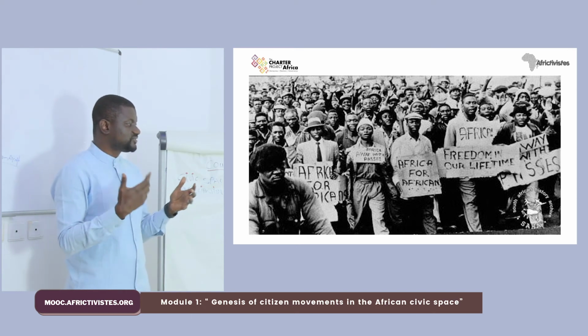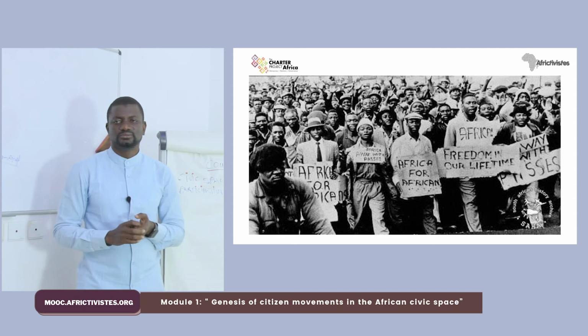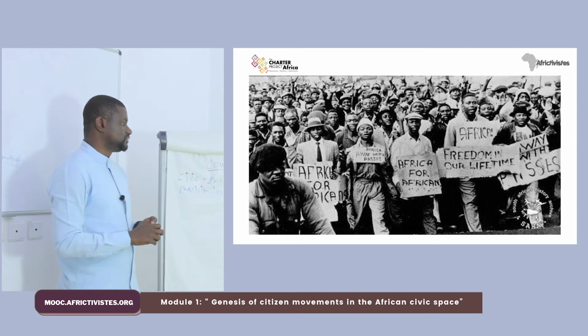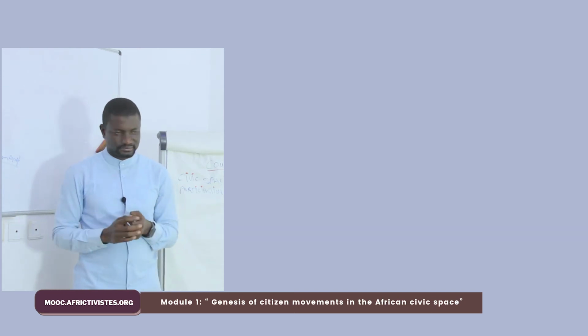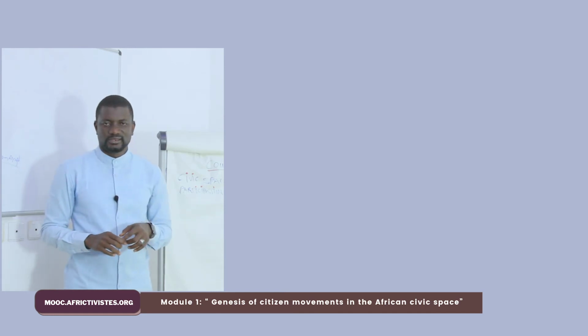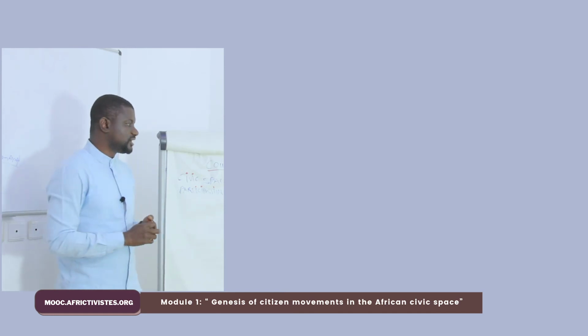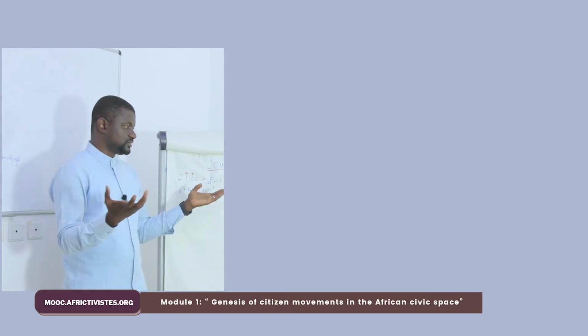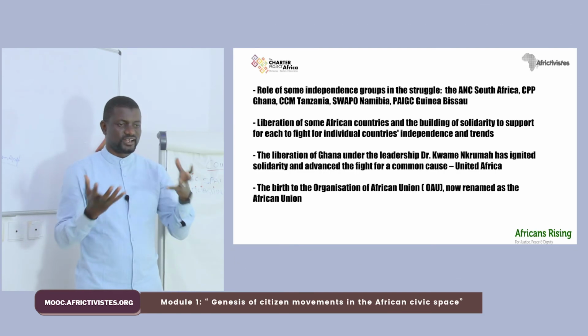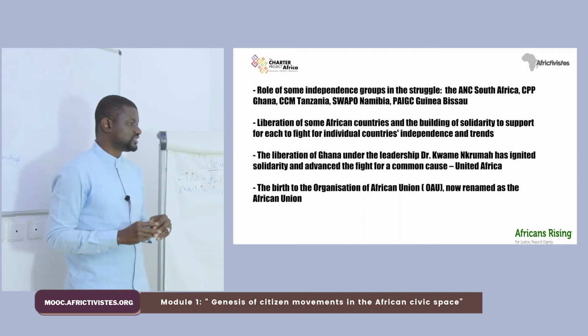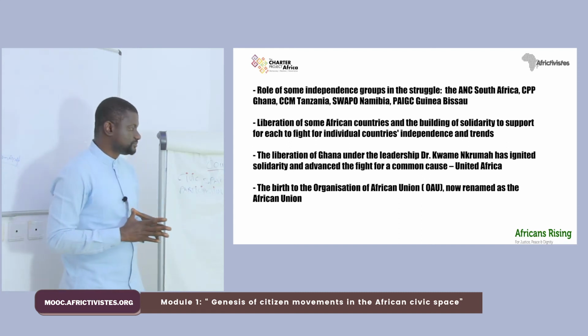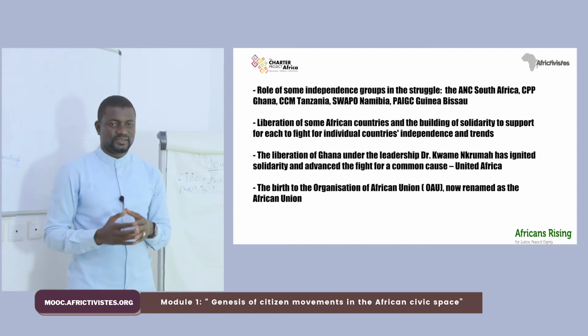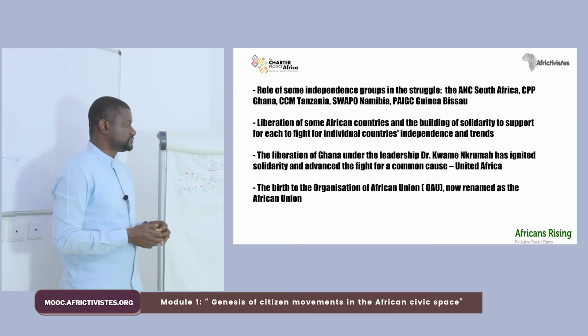The struggle for civic space later gave birth to the Organization of African Unity, which is now named the African Union, the continental body that governs the continental governance system and shapes the development agenda of Africa.